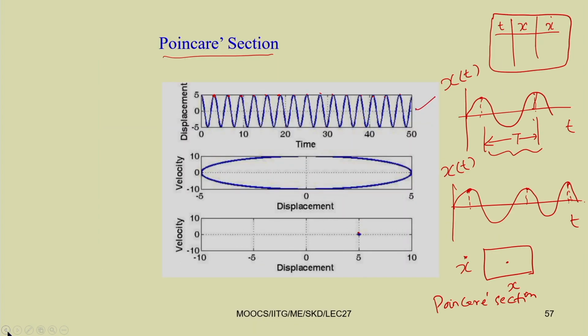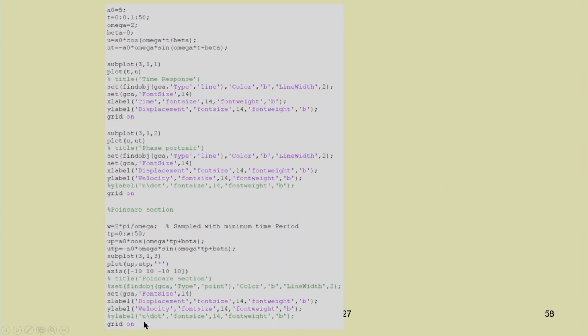Instead of a single period, for example, take y equal to 2 sin 2t plus sin 4t plus sin 8t.